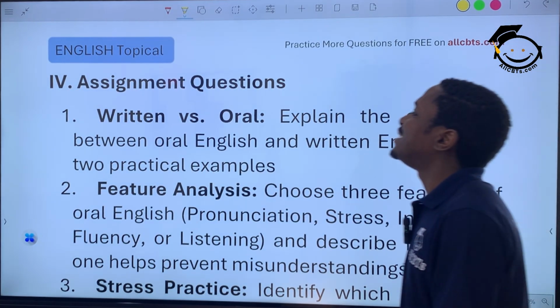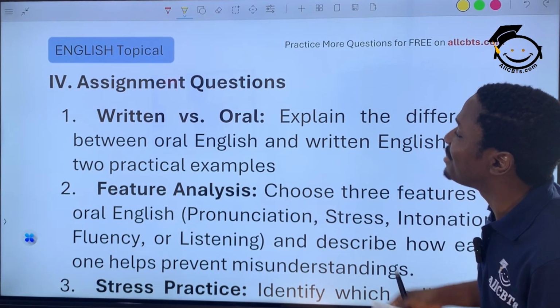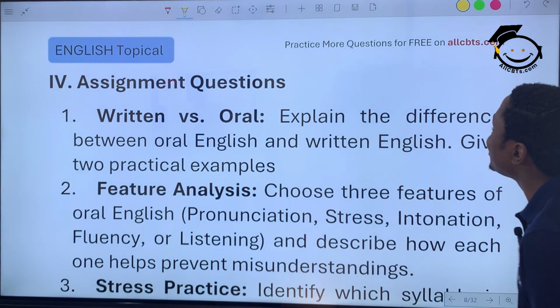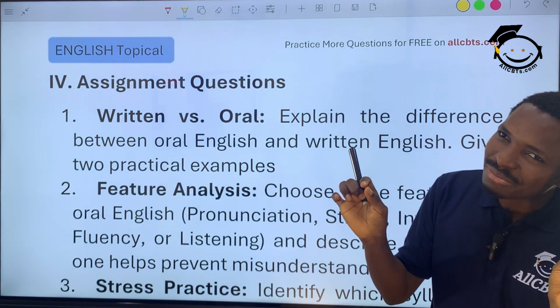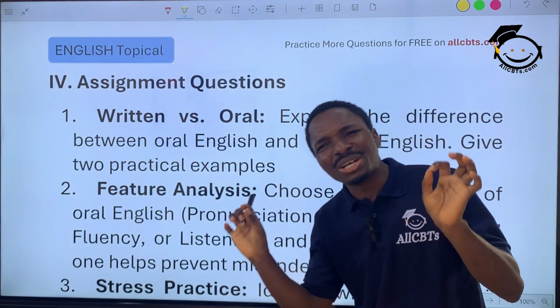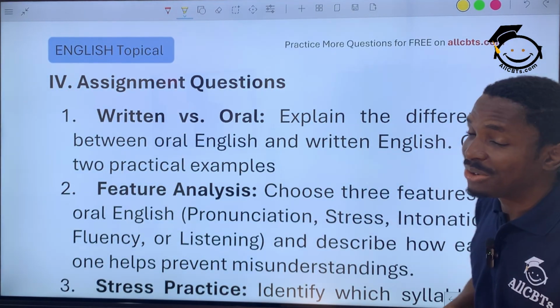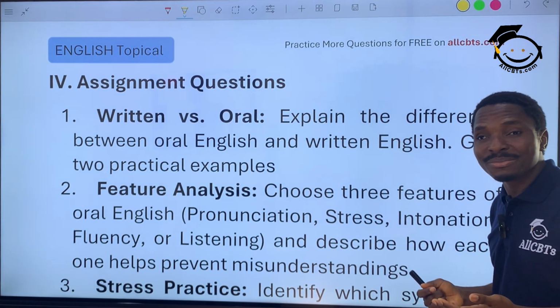Good. All right. Here is your assignment. I hope you really enjoyed this brief class. Number one, explain the difference between oral English and written English. Just the term. What is oral English? What is written English? I want you to submit that in the comment section and give me some examples.